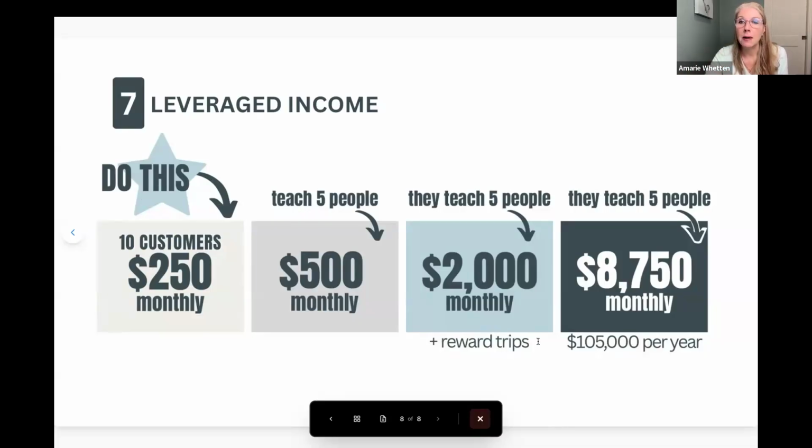My kids are coming. And then when we teach 5 people to do that, that's where we get to the $8,000, $100,000 a year. I 10x'd that in 3 years if that's something that you're looking for. But we teach people how to work in this space in a different way than they've worked traditionally.